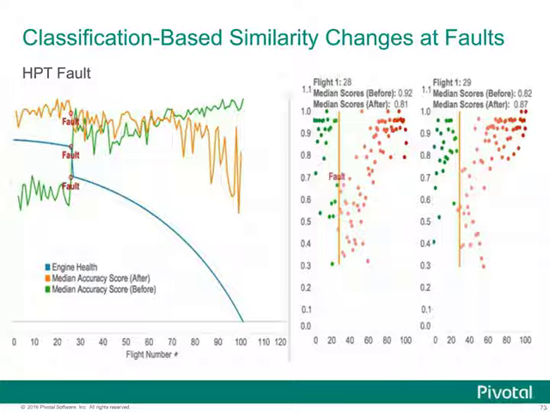And then post-fault, we can see that they're shifted up, meaning that the similarity now is not present. So we're able to differentiate post-fault that something has occurred. And the engine looks very different in flight 29 from 28, and certainly from 27, as compared to the prior 28 and 27. What this might allow us to do, for example, in this instance, would be to detect that a fault has occurred, if there's no other way to detect that.